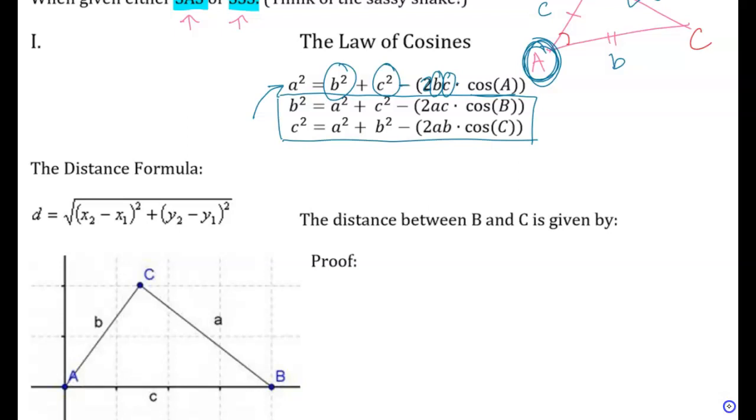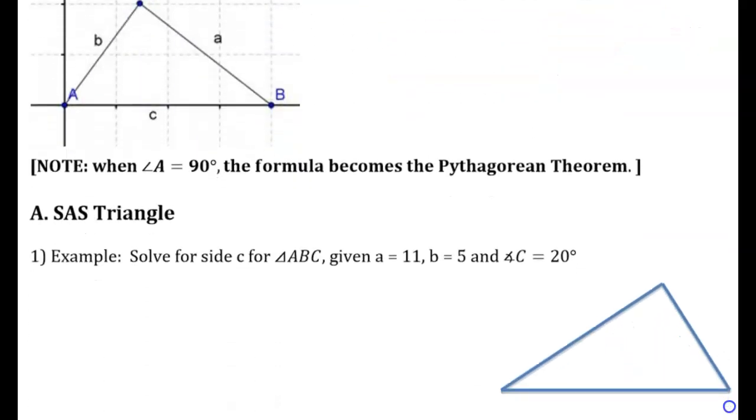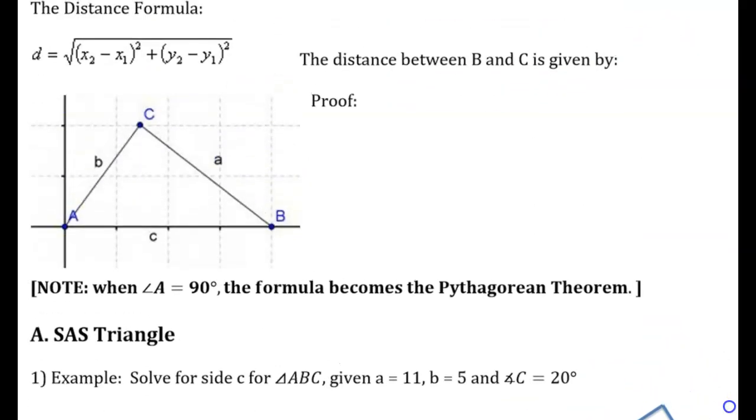So you wouldn't even understand part of this proof. It's a hard proof to begin with, and it has a trig identity in it, which you haven't learned. So I am not going to do this proof yet. When we do learn trig identities later in the year, maybe I'll come back and we will prove the law of cosines.